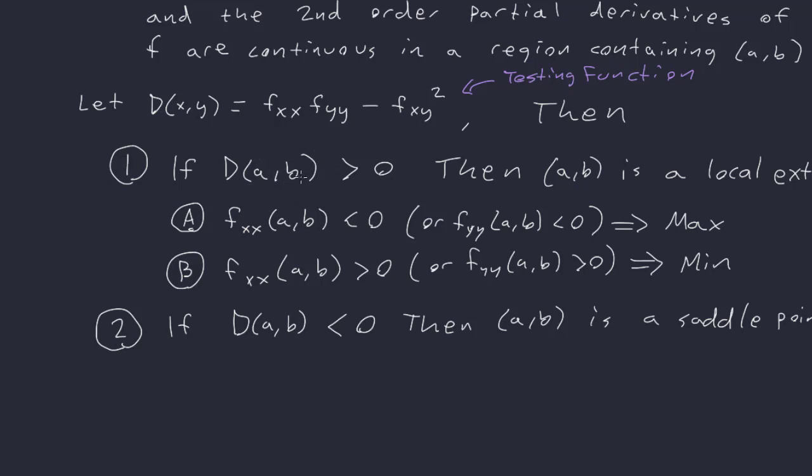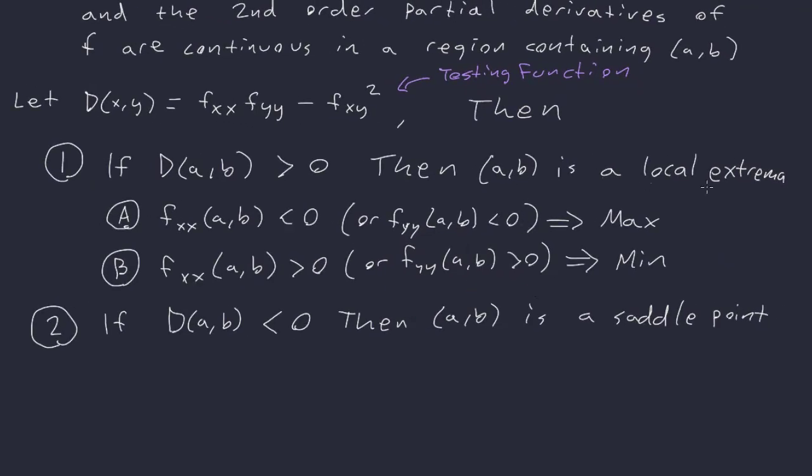If the testing function at (a, b) is positive, then (a, b) is a local extrema. Then we just step back to what we know from before and see whether it's a max or a min. If the second derivative is negative, that means we're concave down, so we have a maximum.